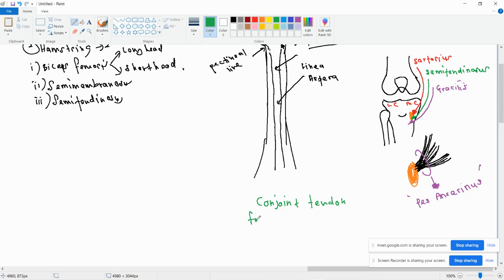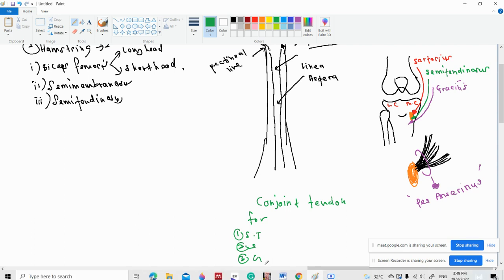Conjoint tendon for number one, semitendinosus, number two, sartorius, number three, your gracilis, right? So pes anserinus refers to the conjoint tendon for the semitendinosus, the sartorius, and also gracilis, and inserts into the same area, the inferior surface of the medial condyle of the tibia, on the anterior side, class, right?